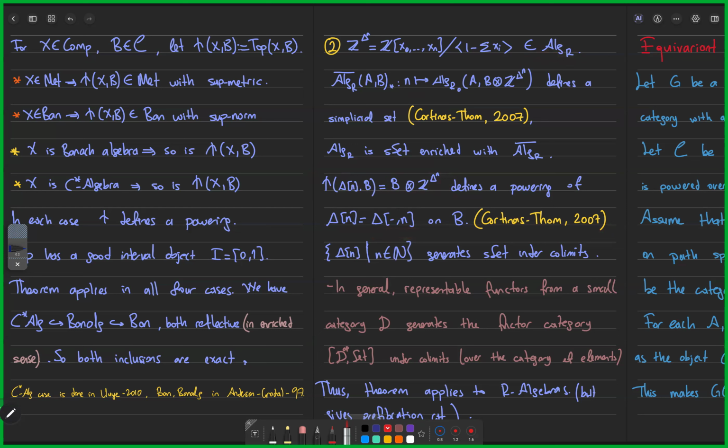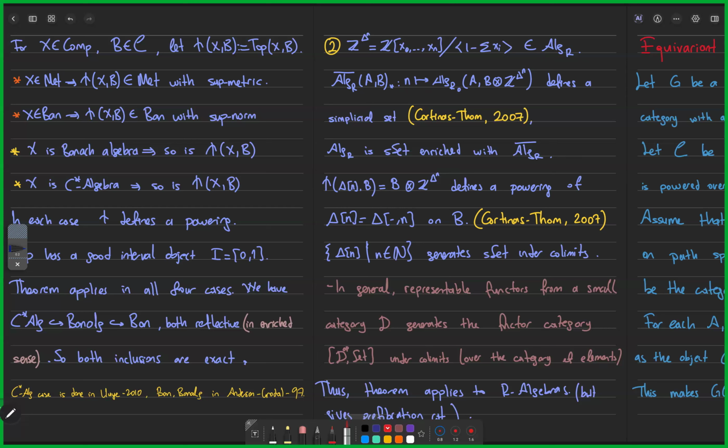The simplicial category of simplicial sets has an interval object, so delta one is an interval object. So the theorem applies to R-algebras in that case. Actually, it applies in a weaker sense because not every object in simplicial sets is fibrant, so it gives us not a category of fibrant objects, but a prefibration category.